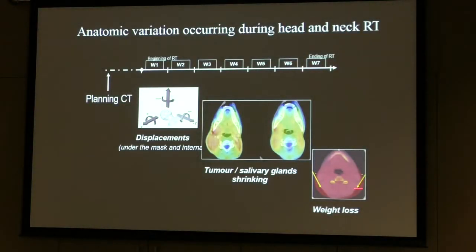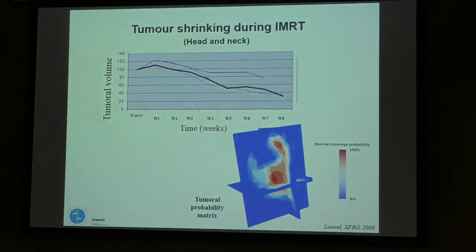True for the prostate, but also for other tumor localizations like head and neck. Of course, there may be small displacements of the patient under the mask, tumor and parotid glands shrinking also during the treatment, weight loss, so that several deformations may occur during the treatment, and the tumor shrinking is obvious and quite complex also.